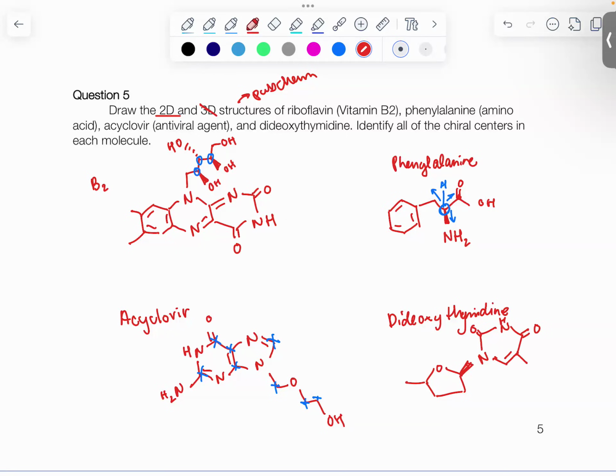And then off to this side, we have an alcohol. And so again, we have those arrows that are helping us point out those chiral centers. So there's 2 here.